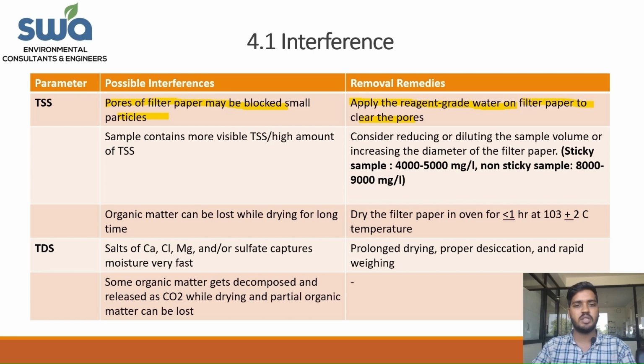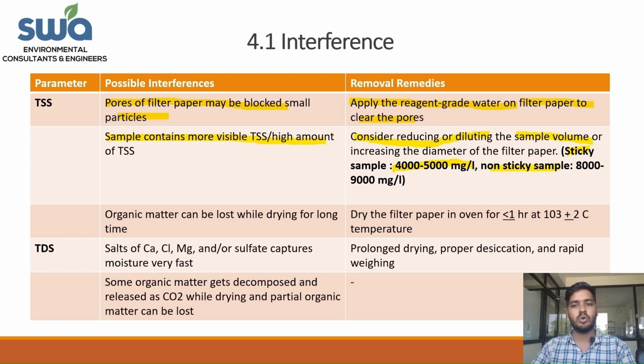Secondly, if the sample contains a very high amount of visible total suspended solids, if you see visibly that the TSS are in high amount, you can consider reducing the sample, or you can dilute the sample as per your requirement. Generally, as per our experience, if the sample is sticky, then up to 4000 to 5000 milligram per liter you can take without dilution, and you can take a volume of 50 ml.